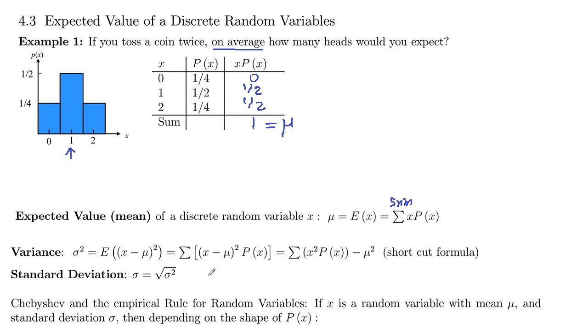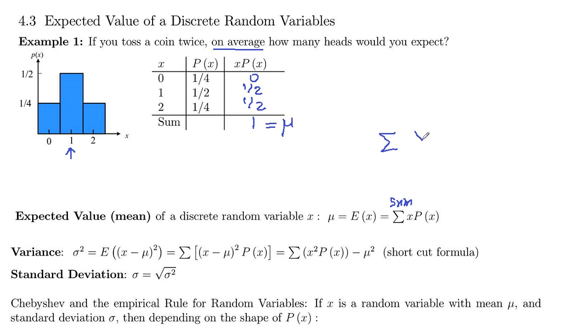What about variation in the data? Well, the variance of a discrete random variable is denoted sigma squared, or expected value of x minus mu squared. So this is the average value, or the mean, of these quantities, data value minus mean squared. That's the deviation from the mean squared. And that's what we did when we had standard deviation before, right?